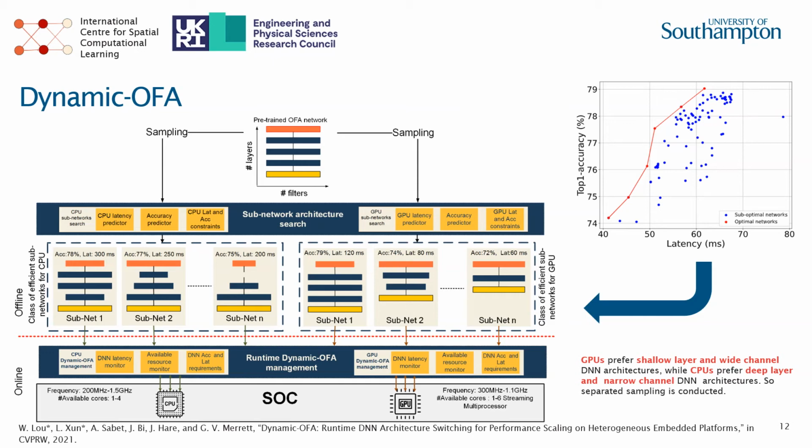Whereas the previous training algorithms can do either channel scaling or layer scaling, which are efficient for either CPU or GPU, not both. So for heterogeneous SoCs, we still need multiple dynamic neural networks if we use previous methods. But if we use Dynamic OFA, we just need one unified backbone with different masks for different heterogeneous cores.